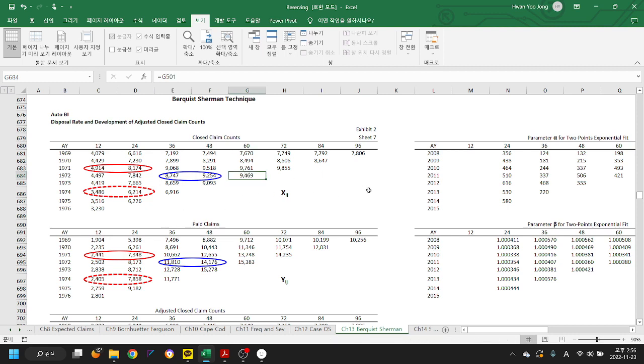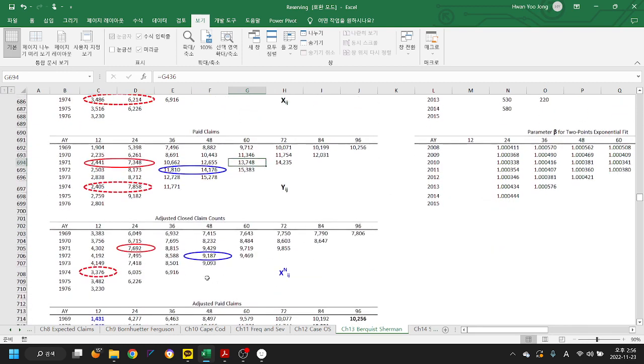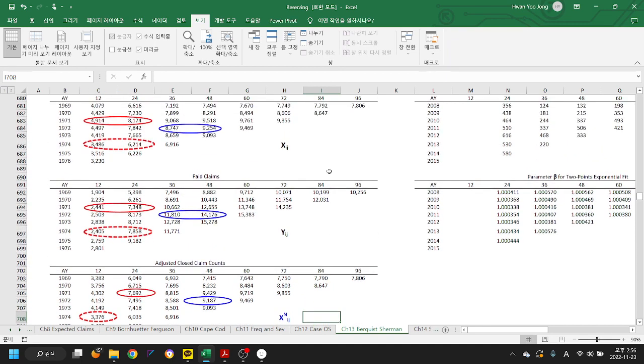This is the unadjusted closed claim count, and this is the paid loss amount. And we have just got the adjusted closed claim count. This one I put an n up there, which means it is a new independent variable. Like a regression system, I use these two data, the independent variable and the dependent response variable, to come up with the intercept and slope.